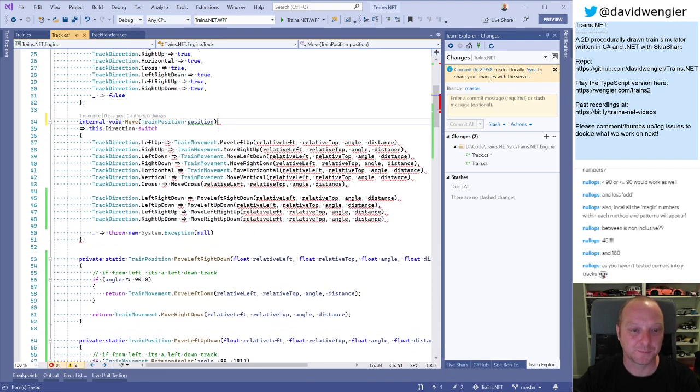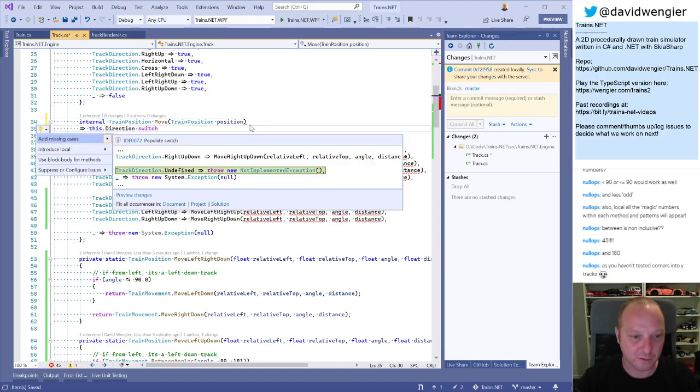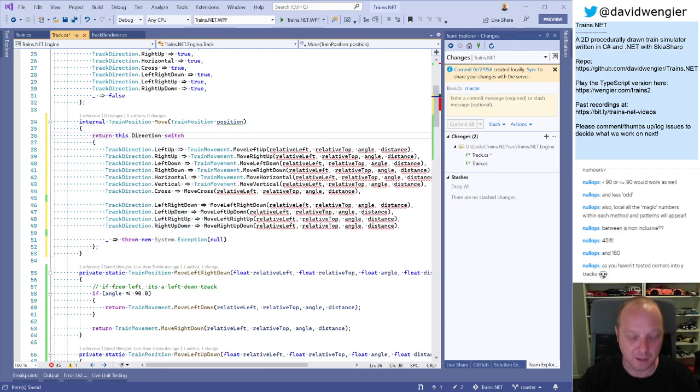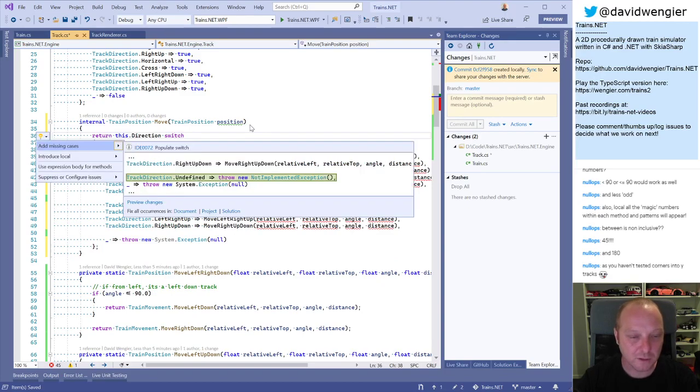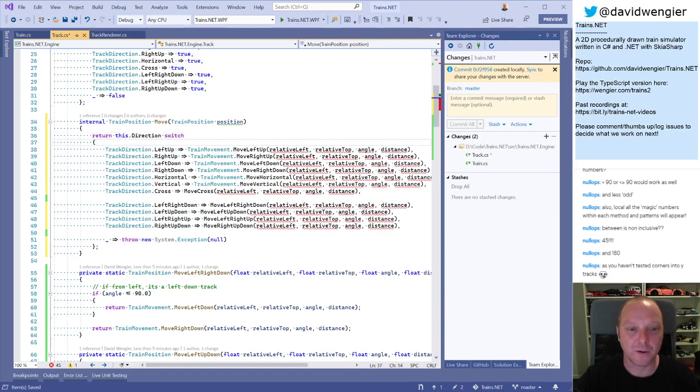Have an idea. Can I convert this to a normal switch? Oh, missing cases. Oh, I'm fine. Okay. Can I convert this? No. Maybe if I fix this up first.